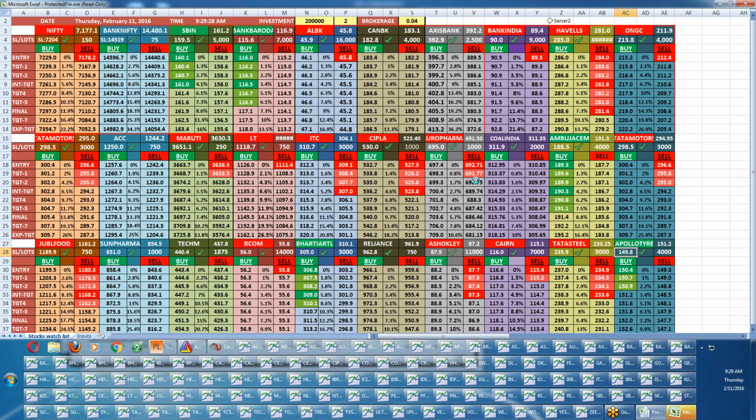So Arvindo Pharma we have the sell. Maruti we have a sell now. ALBK has hit a stop loss. There is a buy call in buying one.